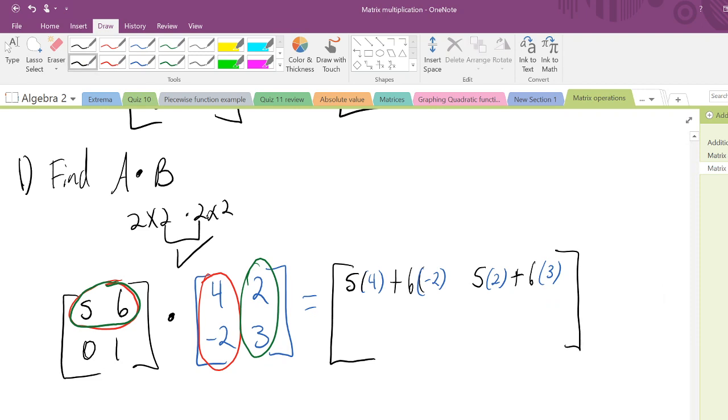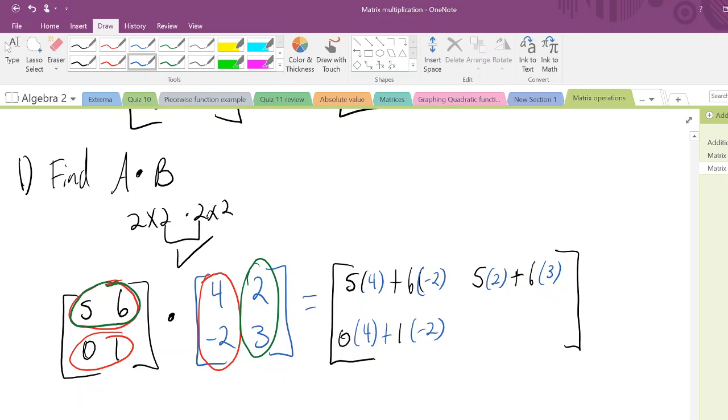Now I'm going to go to the next one. I'm going to use the 0 and 1 times 4 and negative 2. So I have 0 times 4 plus 1 times negative 2.